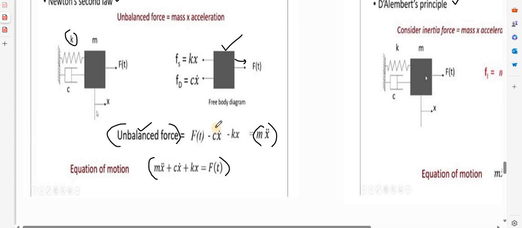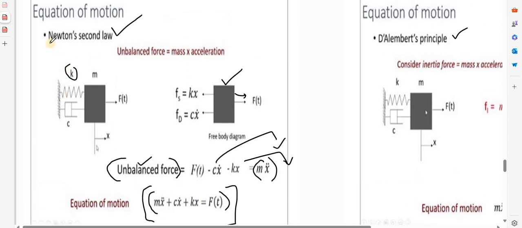If I rearrange, taking these two terms to this side, m x double dot plus c x dot plus k x is equal to F of t. This is the equation of a single degree of freedom system, which we have obtained from Newton's second law.